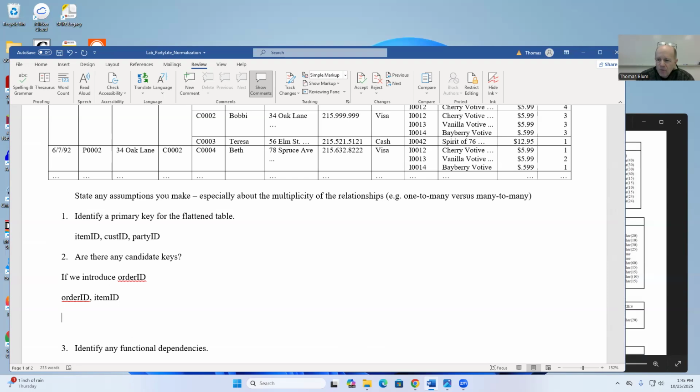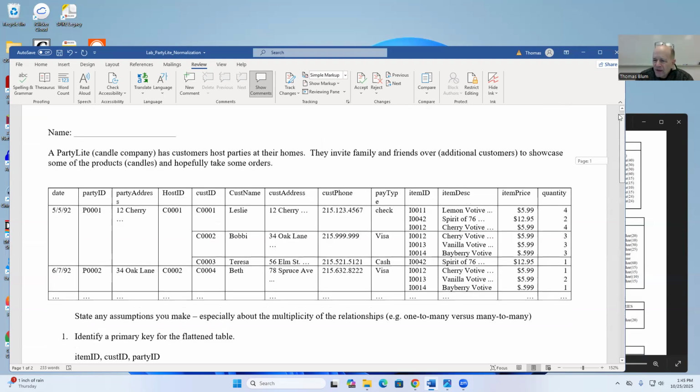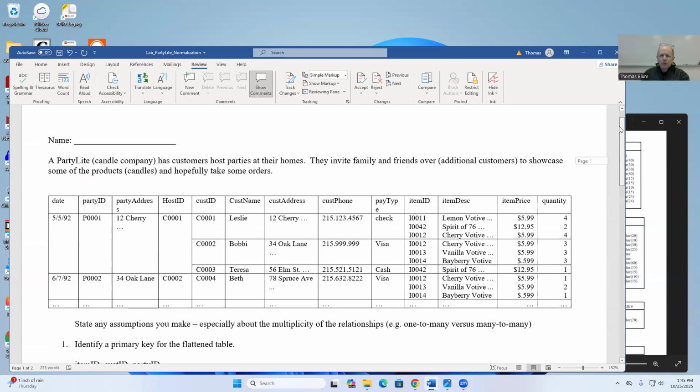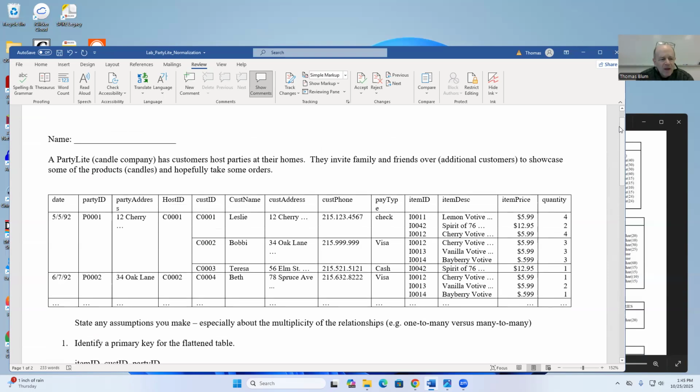And what could be another if we didn't have that idea of introducing an order ID? Then we might say the host and the date. If we think that a host only hosts one party a day or something like that, then maybe host ID and date could replace the party ID.